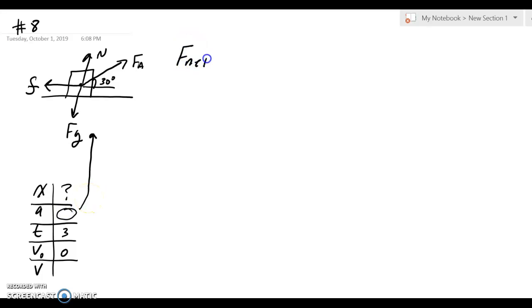So we write our F net x, F net y. Here I have 3 forces that don't have an angle. Normal force doesn't have an angle, force of gravity doesn't have an angle, friction doesn't have an angle.